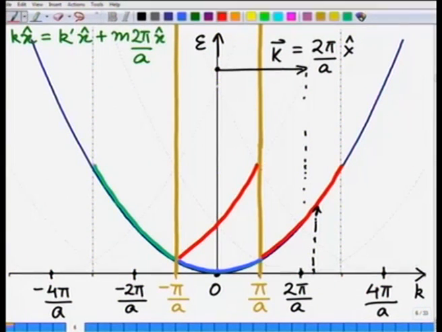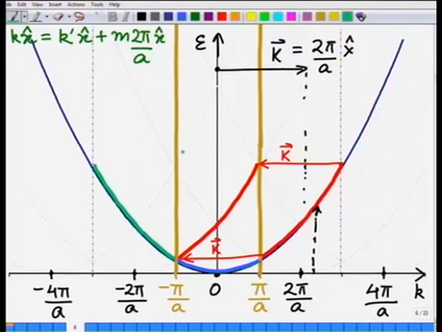This red curve therefore shifts from this point to this point by the capital K vector, and this point shifts to this point by the capital K vector. By the capital K vector we can shift these 2 points.